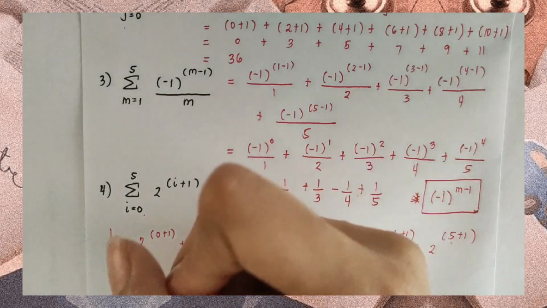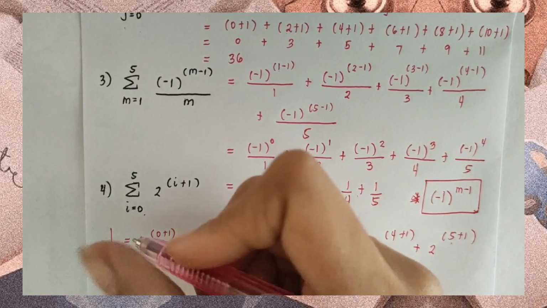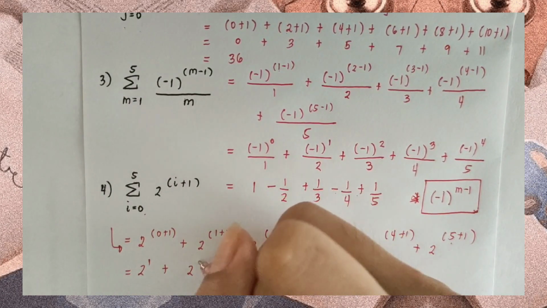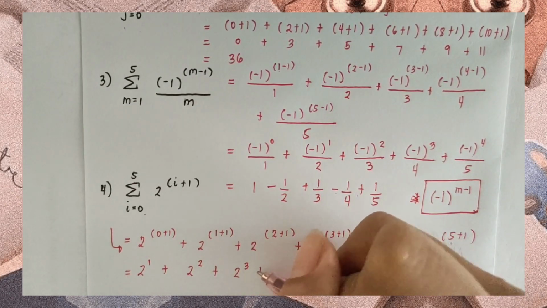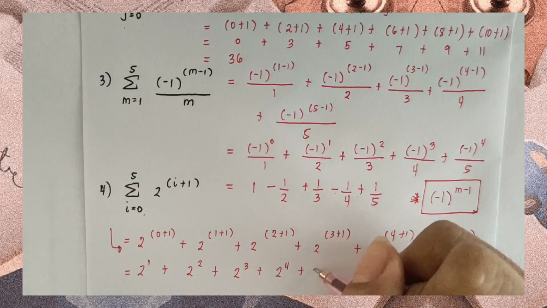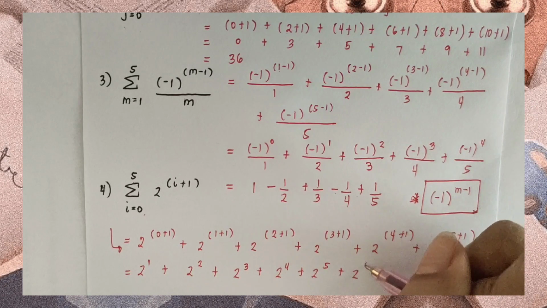Now let us solve. 0 plus 1 is 1, plus 1 plus 1 is 2, plus 1 is 3, plus 1 is 4, plus 1 is 5 and 5 plus 1 is 6.